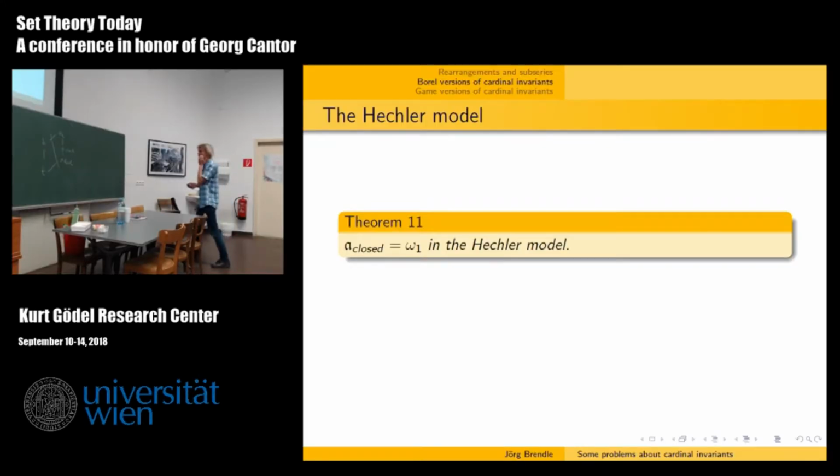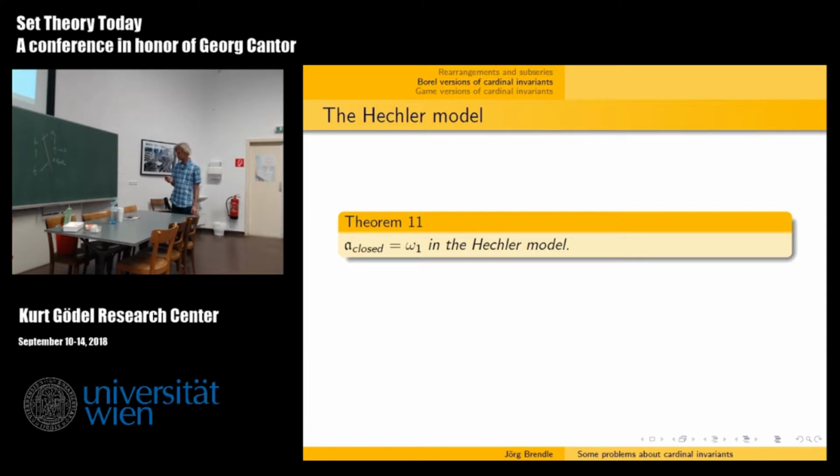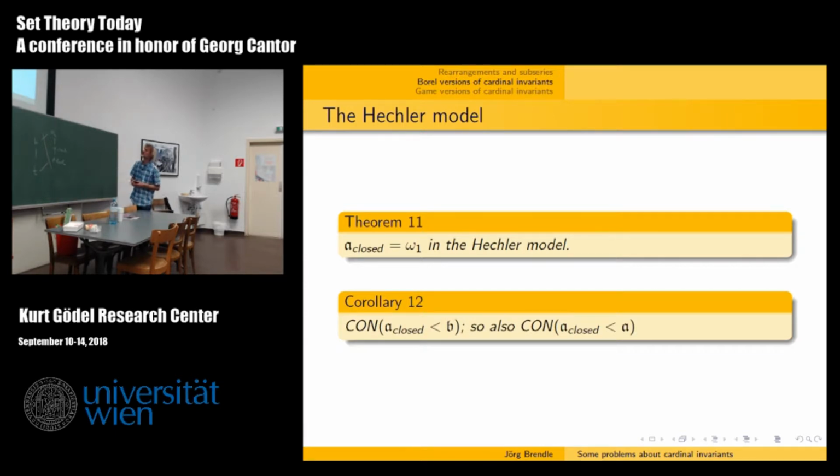a_closed is Aleph 1 in the Hechler model. The Hechler model is one of the standard models making b large. So what this gives us is the consistency of a_closed less than b, and therefore also less than this one. So we can split the diagram like that. In particular, before we had these three cardinals, it wasn't clear whether they were equal.